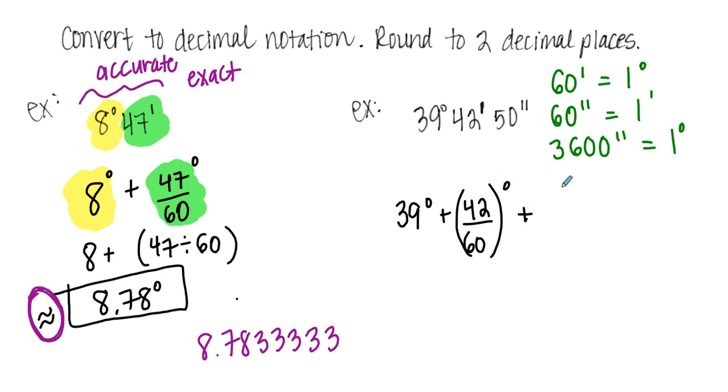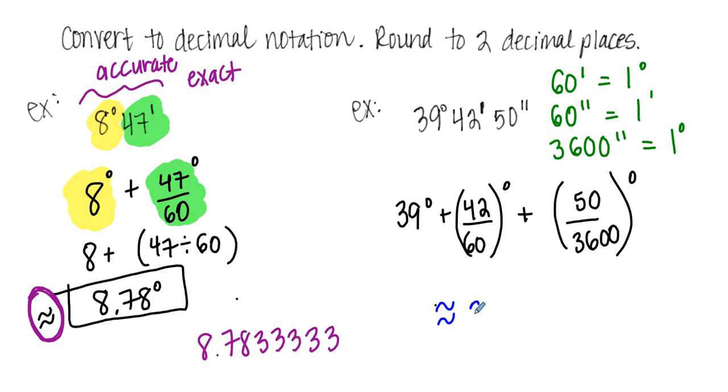And then we're going to go straight to degrees for our seconds, and that's going to be 50 over 3,600. We're going to put that into our calculator, and I'm going to let you do that. You might want to press pause, and then you can come back and check your answer.